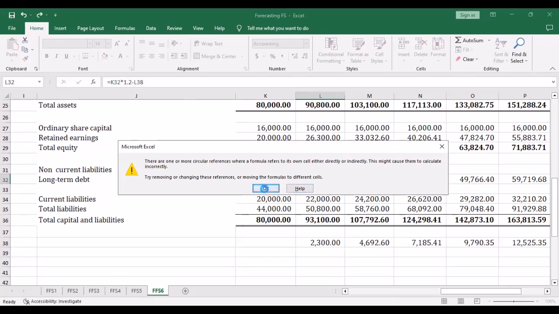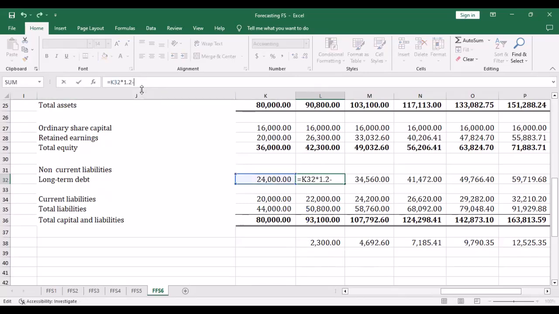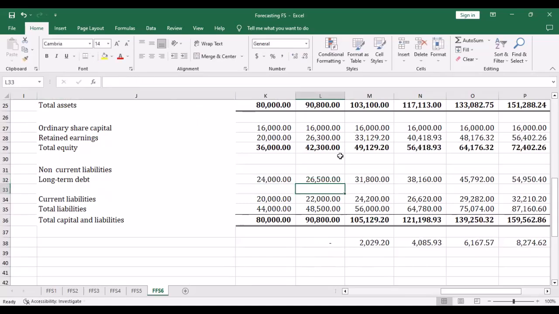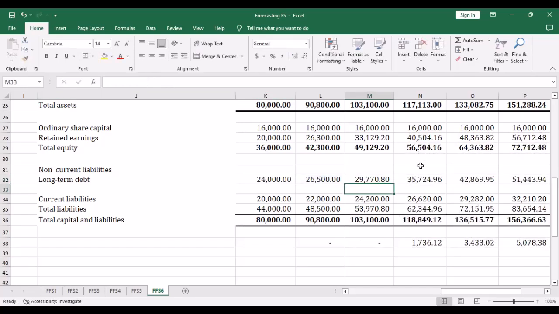So of course, again, there's a problem of cell referencing, isn't it? So here you just minus directly 2300 without cell referencing so that there will be no circular balance, because it will be used as the long-term debt. And because the long-term debt we had already calculated, isn't it?